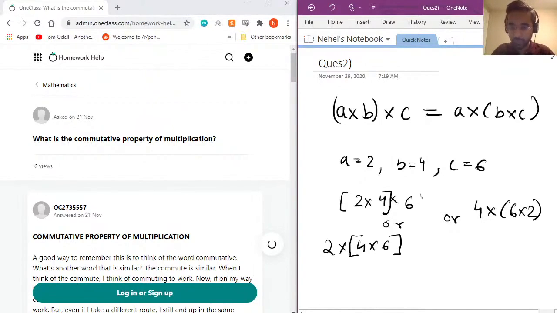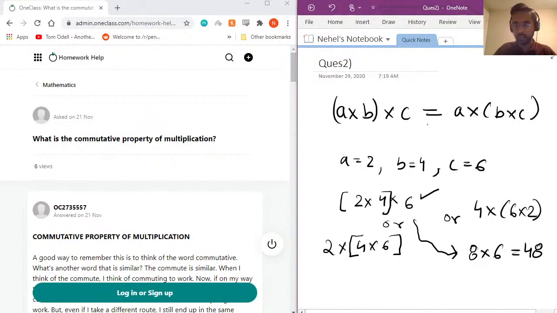So this might be their preferred route. If we compute this, 2 times 4 is 8, times 6 is equal to 48. So the answer will be 48 in each case. It's just that we chose to do it this way.